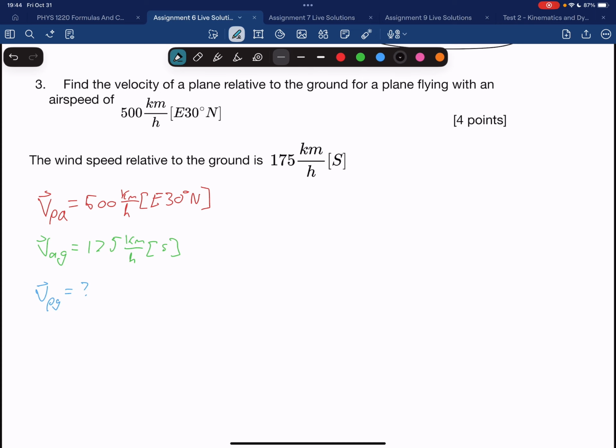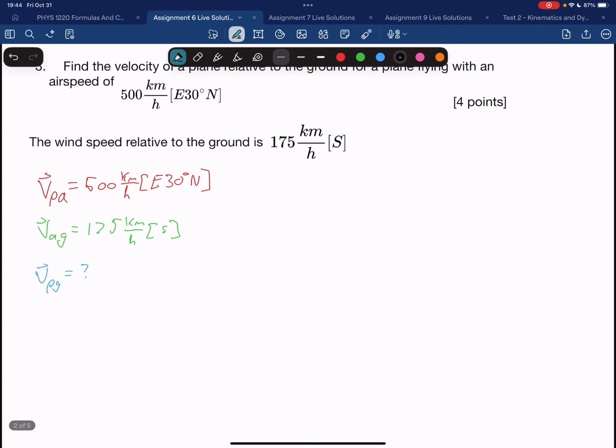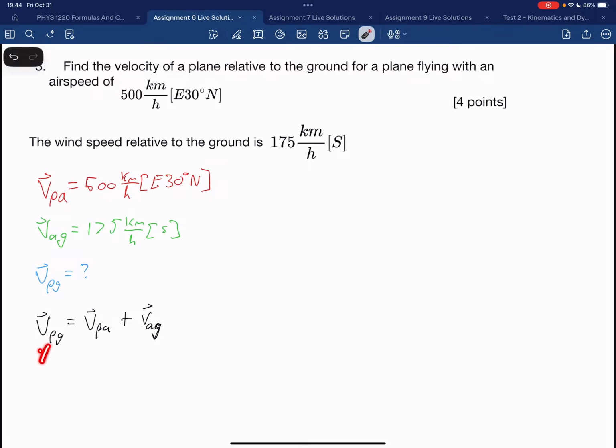So, building our relative velocity equation here. I know I want VPG. And to build that, I can do VPA plus VAG. Now, if I've set this up correctly, I will notice that I have P and a G over here, and I have a P and a G on the outside over here.